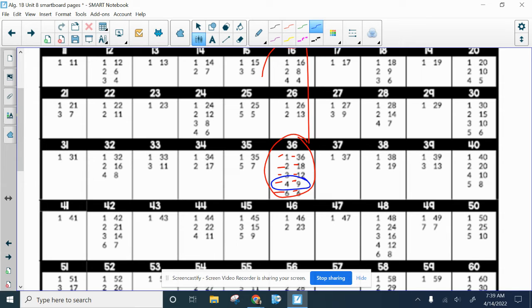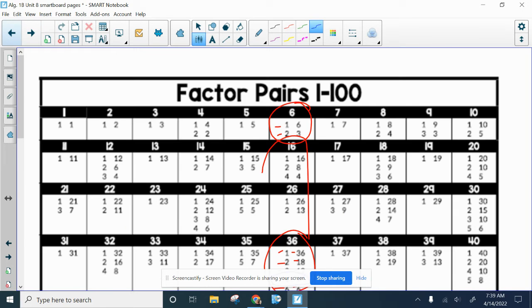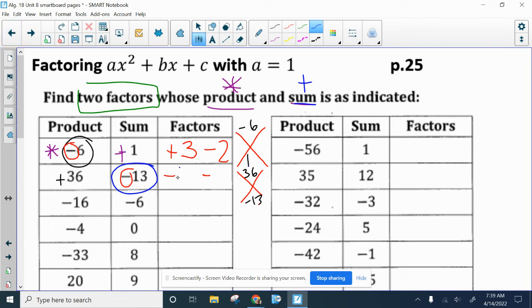That's negative 4 and negative 9. All right, we're going to pause the video right now, and I would like you to work through the third one on your own.